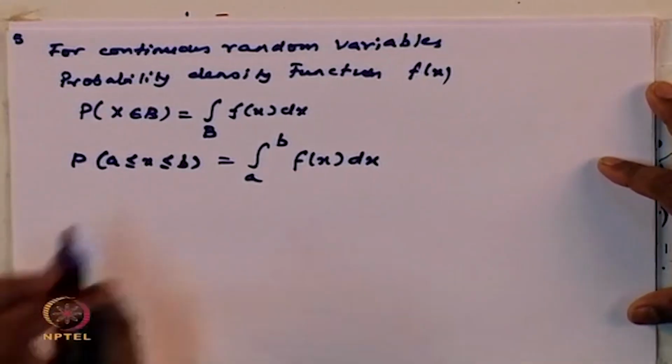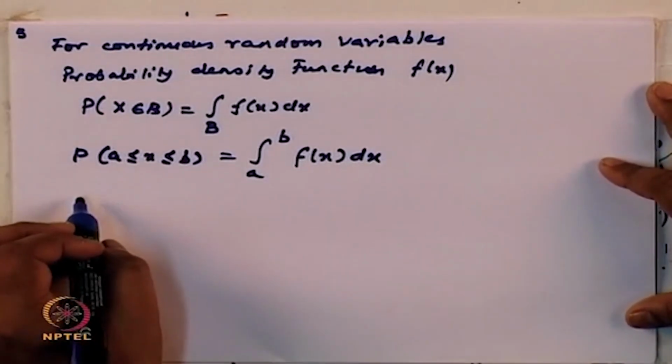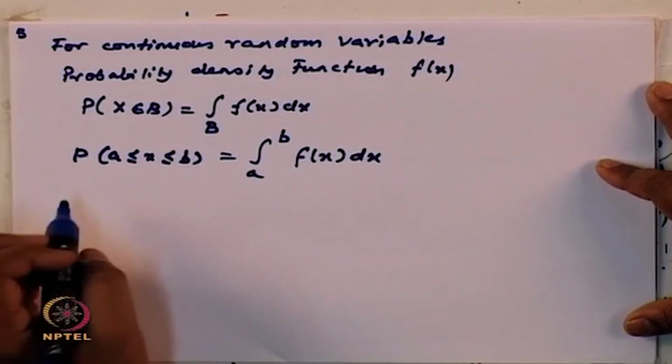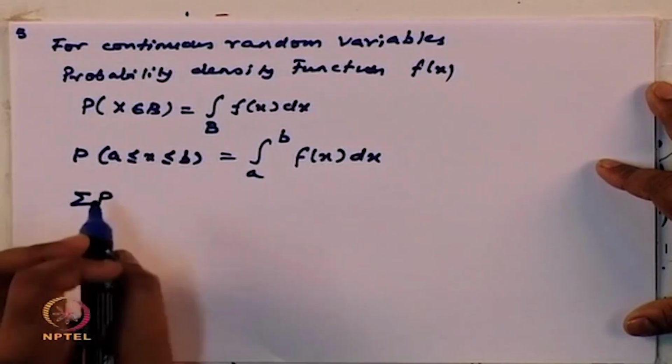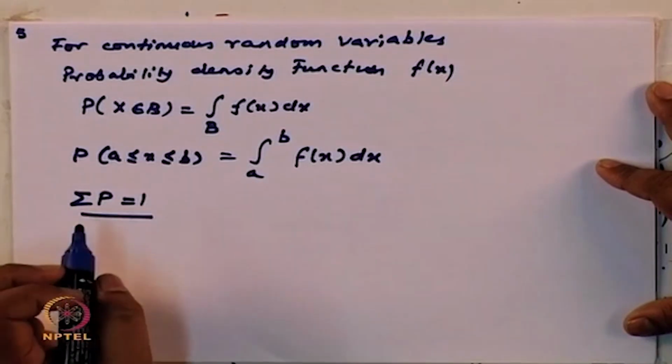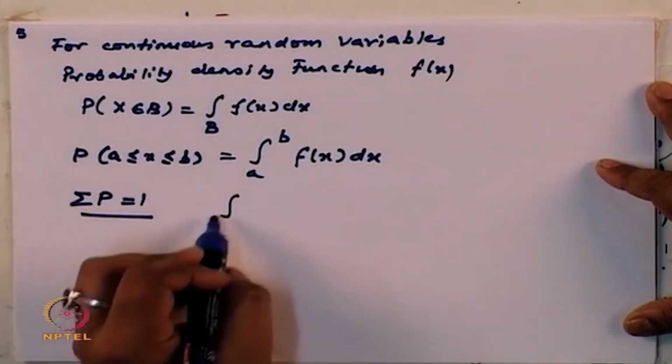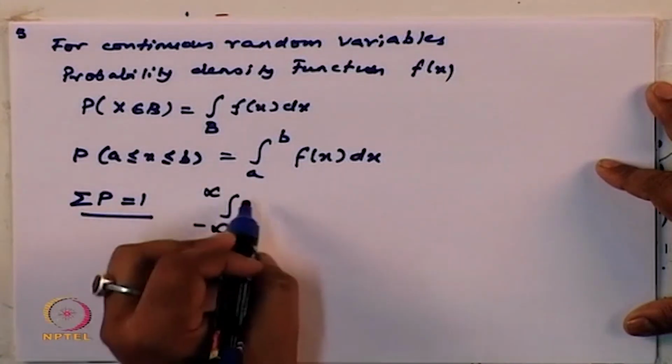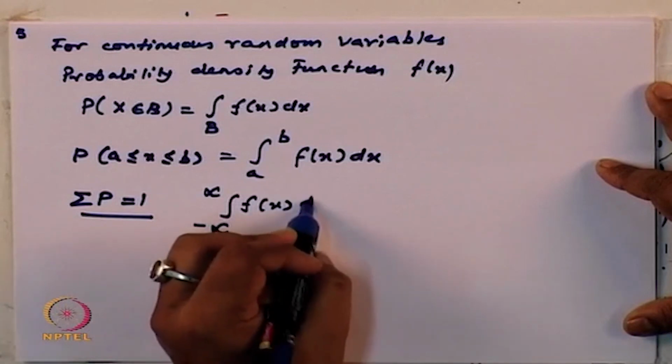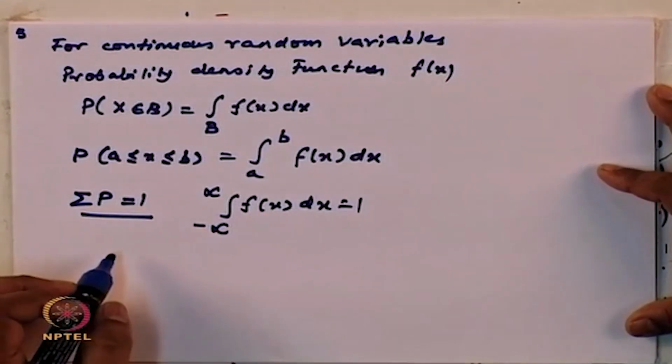Okay. So, if this is true, how do I define the total probability? For discrete variables, the summation of p must be equal to 1. So, what I essentially have is the integral from minus infinity to infinity of f of x dx must always be equal to 1.